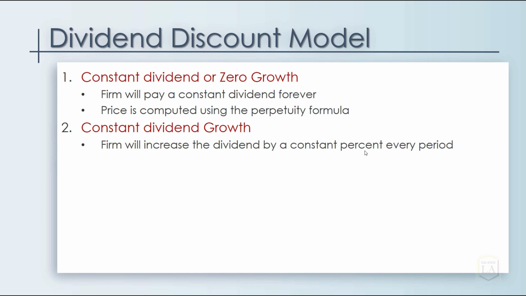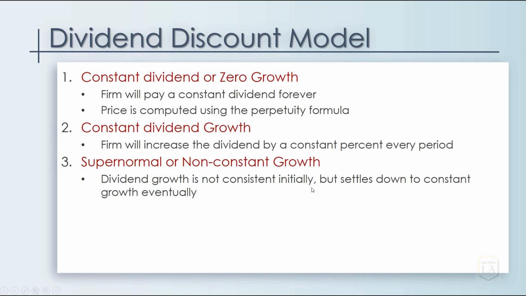Number 3, supernormal or non-constant growth. So we are assuming that the dividend growth is not consistent initially, but settles down to a constant growth eventually. So what we're saying is dividend growth will be like 3%, 2%, 4%, 5%. It can be any growth rate until a certain point.